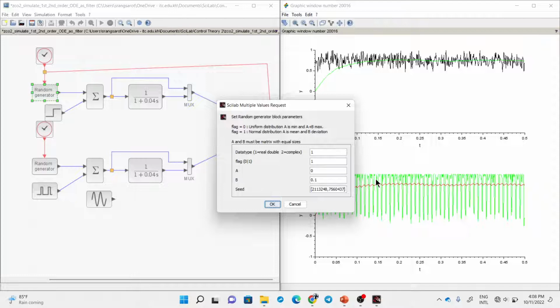Let me show you the parameters for the random generator again.